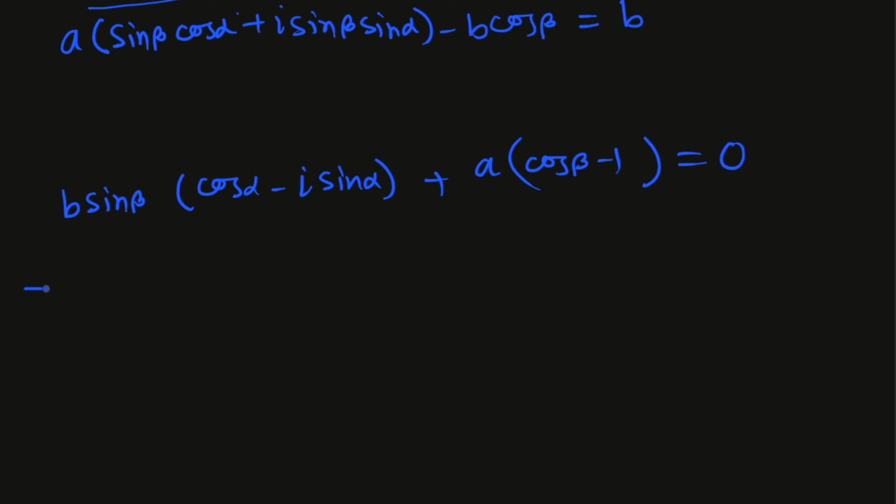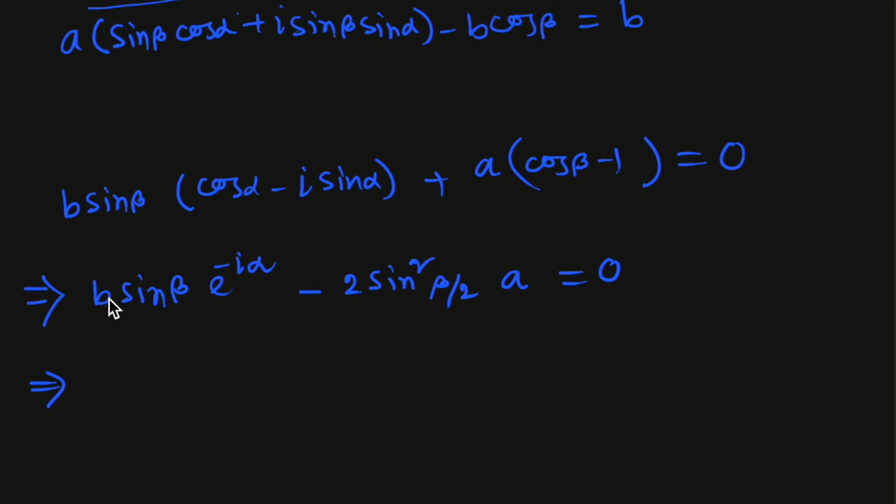Which means b sin beta e to the power minus i alpha plus a times cos beta minus 1, we know that is minus 2 sin square beta by 2 a, is equal to 0.